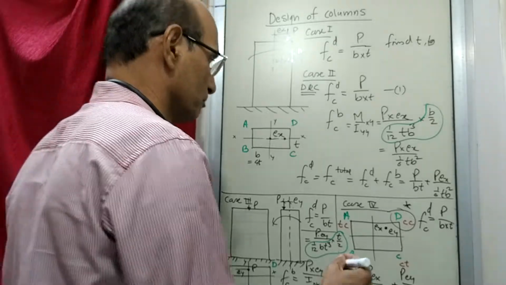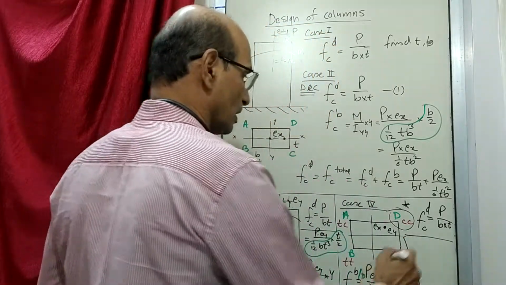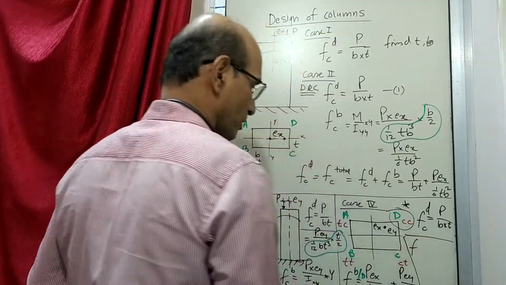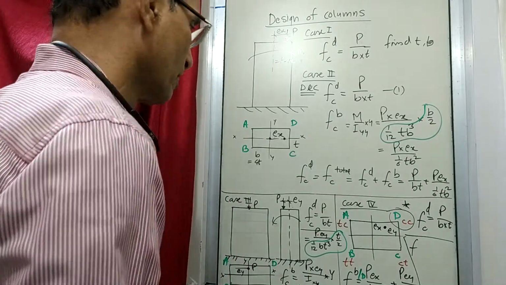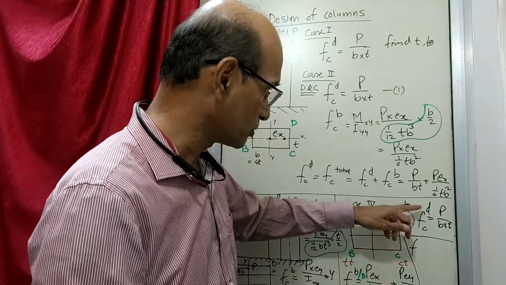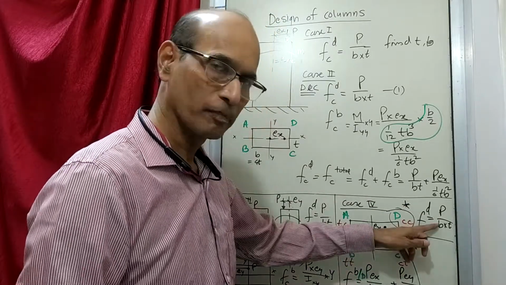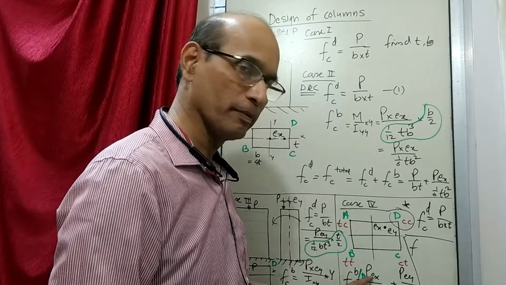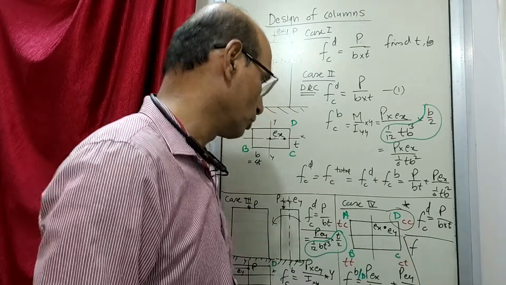Now at D, of course, it will be this plus this plus this: compressive direct, compressive bending because of Ex, compressive bending because of Ey. So when you combine these three things, that is going to be the total stress.